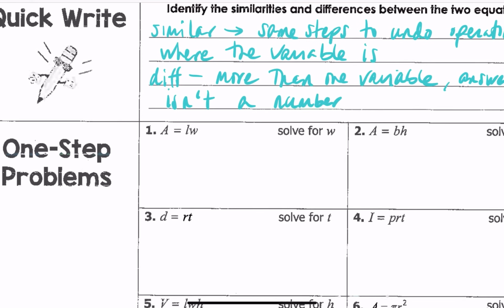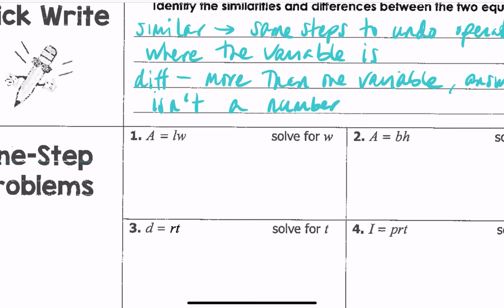A lot of times we do this for formulas. A equals LW is the area formula for a rectangle. Area equals length times width. And like I said, you have to pay attention. What are they asking you to solve for?